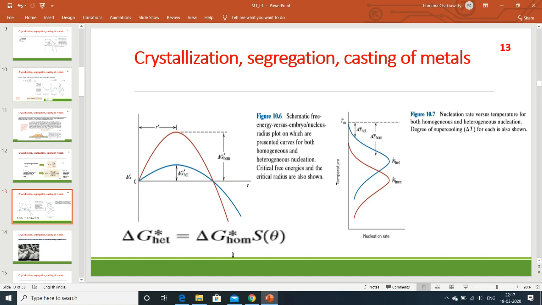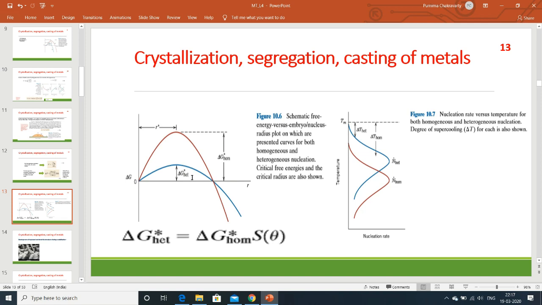And here is the explanation of why one is greater than the other: del G star of heterogeneous is equal to del G star of homogeneous times S theta. So clearly this term stands for a lower critical free energy. When the activation energy or critical free energy is lower, the possibility of occurrence of the phenomenon is higher.